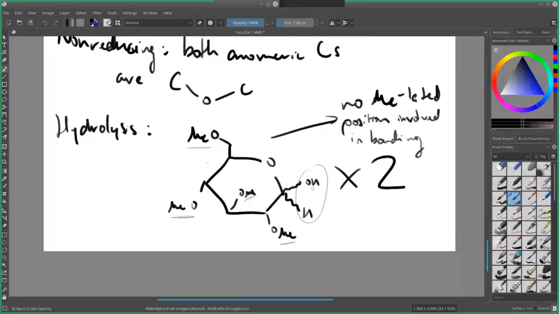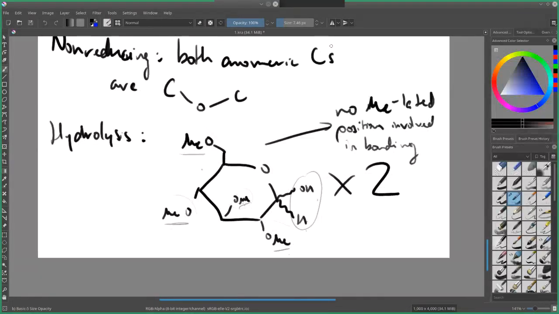So the only things that were tied up in bonds were over here. And the things that did get methylated were free alcohols. They were just open and available at first.